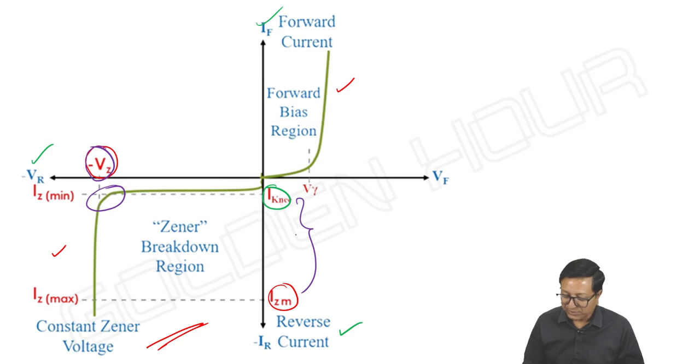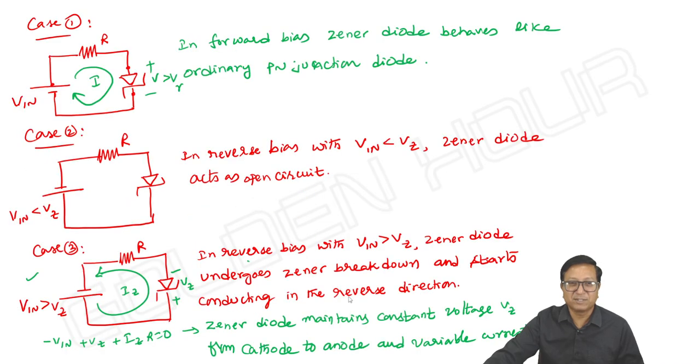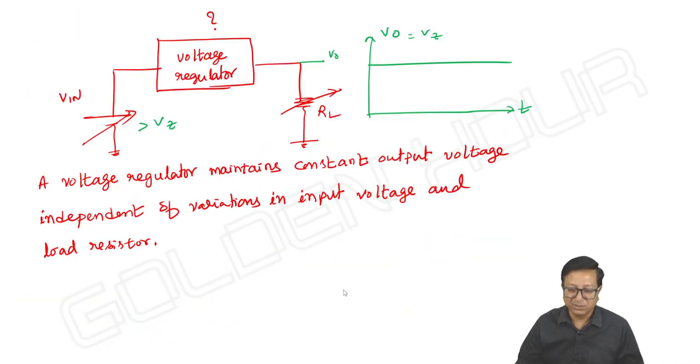So this zone we can use. Once you maintain the current between IZ minimum and IZ maximum, you can vary the input between V input minimum and V input maximum, and we can see constant output voltage across it.